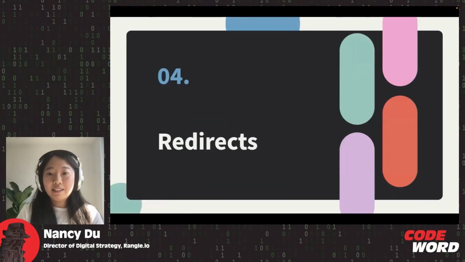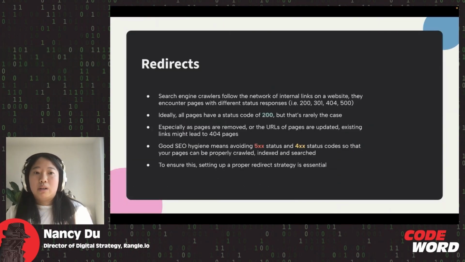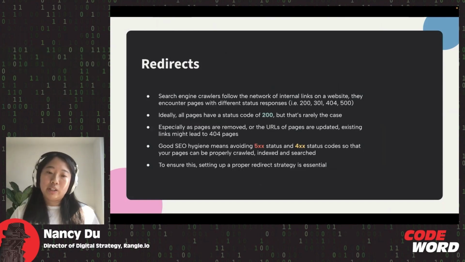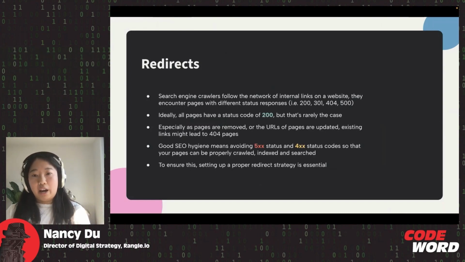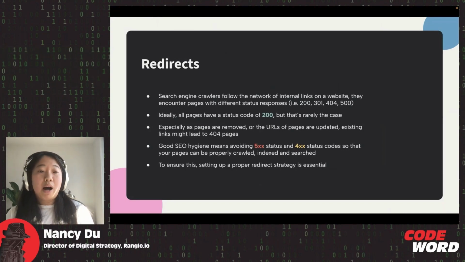All right. The last thing that we're going to talk about is the redirects. Typically when the search engine crawls and follows through the different internal links on your website, it's either going to encounter pages with a 200 or other errors that you probably have seen before, like 404 or 500. Ideally, all of your pages have 200 status codes, but that's rarely the case, especially as pages are getting removed or updated or the URLs are changing.